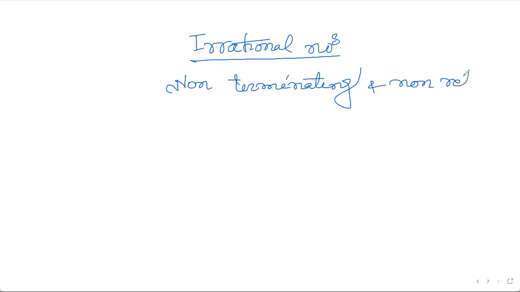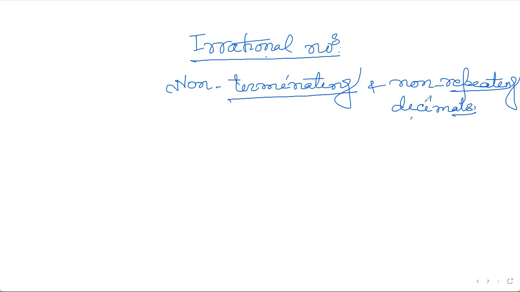Neither will it terminate nor will it repeat. I'm showing you some numbers. If it terminates, then it is not irrational. If it repeats, it's not irrational. So it should not terminate, and neither should it repeat.